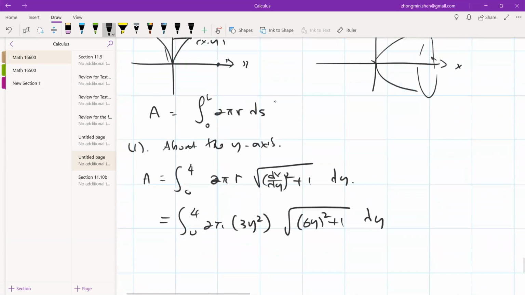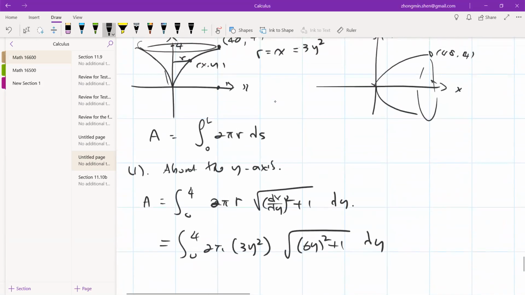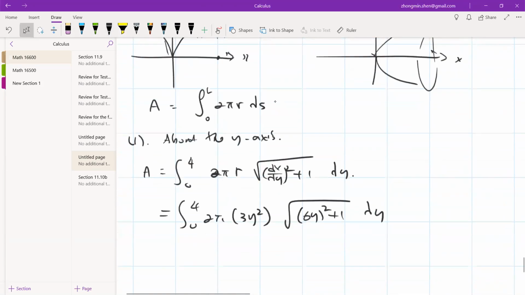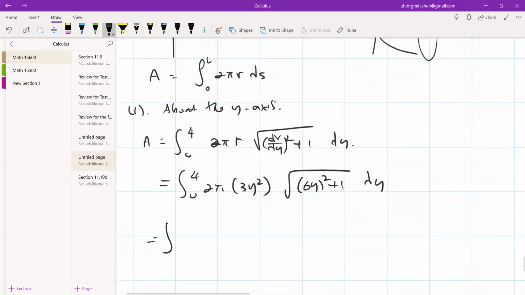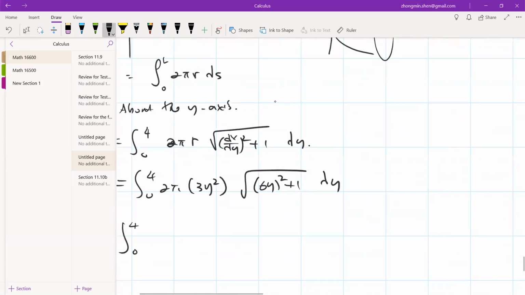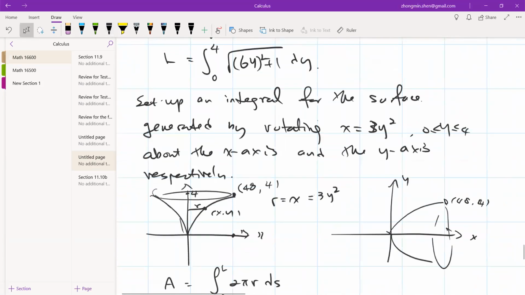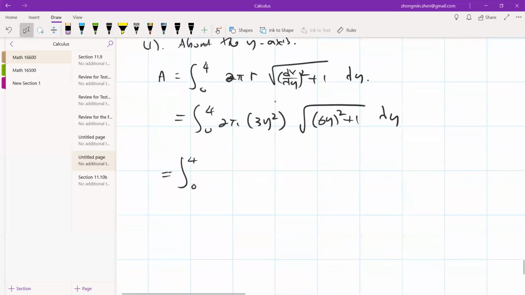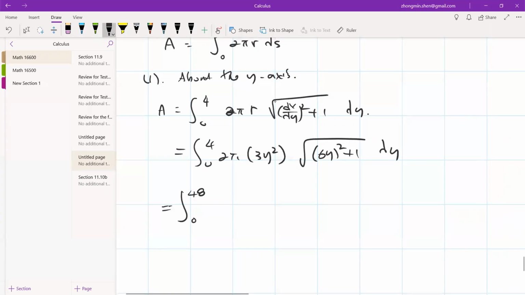Now, you may say that I want to use the x variable. Using the x variable is fine. Then x will start from 0 to 48, right? Yeah, 48. So x starts from 0, it's 2 pi x, then the square root of 1 plus (dy over dx) squared dx.